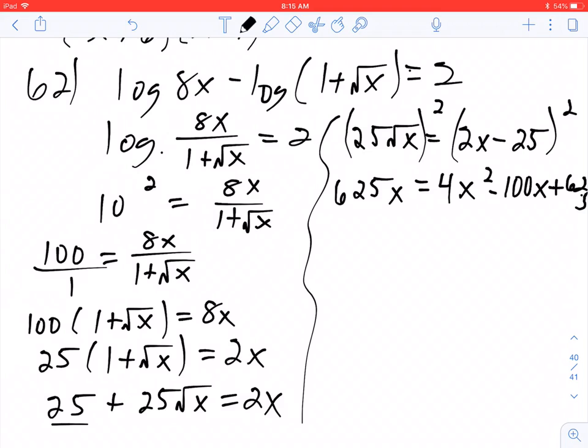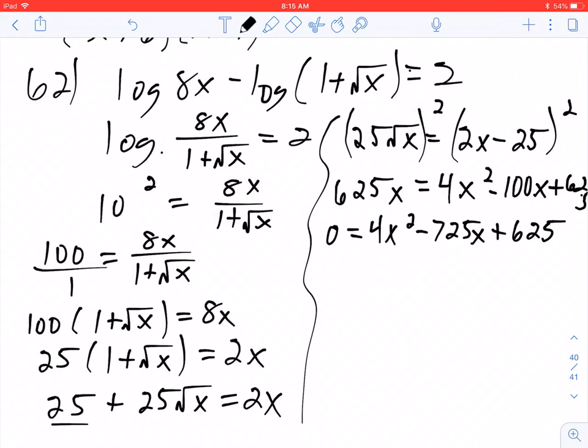And now the 625 on the left-hand side needs to be moved over to the right-hand side. So when we do that, we're going to subtract it. We get 0 equals 4x squared minus 725x plus 625. And so now we have a pretty large coefficient quadratic equation that you would use the quadratic formula to solve.